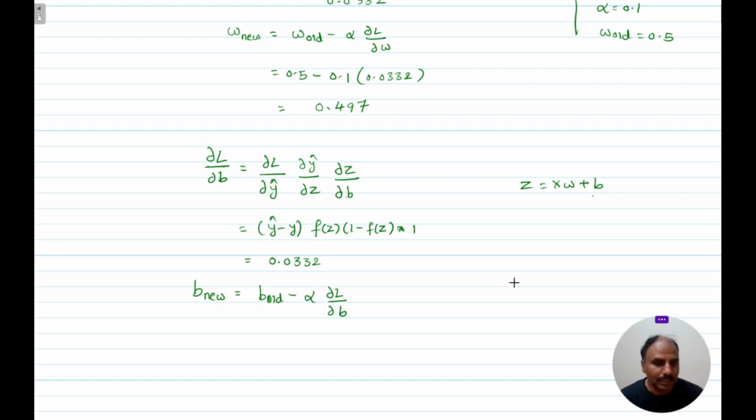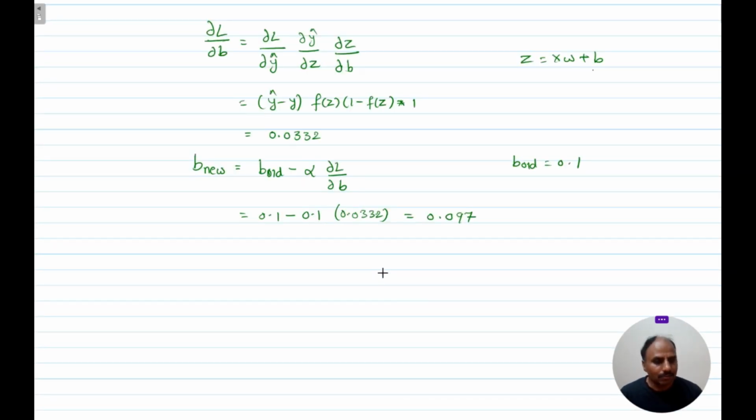B old, we know, is 0.1. So 0.1 minus alpha, 0.1, multiplied with 0.0332 will give you 0.097. So W new and B new we have obtained after optimization.